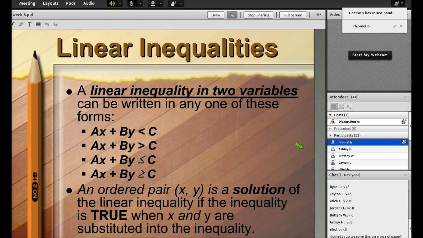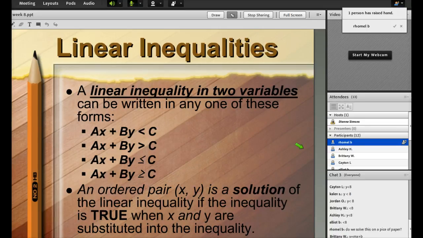Y-intercept, okay. Slope-intercept, that's right. That's one. Slope-intercept. Y is equal to mx plus b, that's slope-intercept. Yes, Ramel, yes. What else? 2 more.